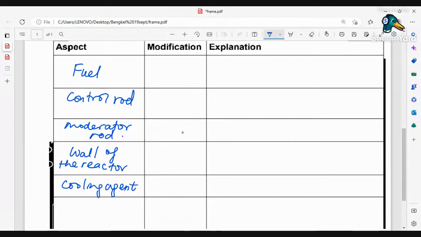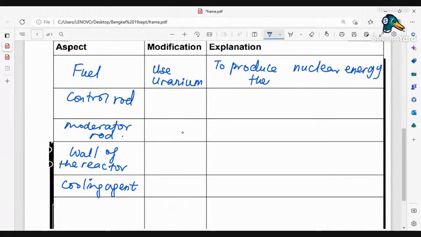As we know, there are a large amount of heat energy produced. Okay, fuel, we use uranium. Okay, use uranium. Explanation. Okay, to produce nuclear energy through fission process.